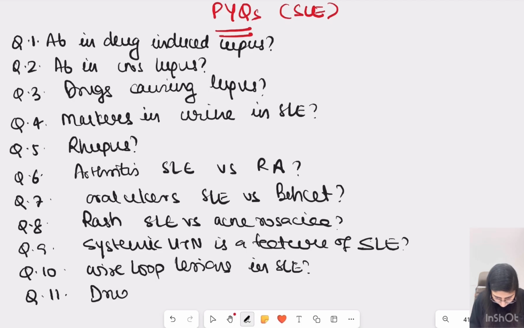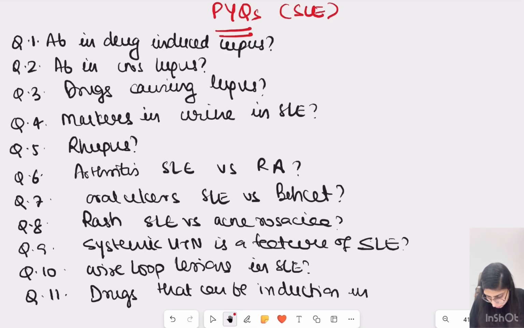Drugs that can be used for induction in a pregnant patient of SLE. And I'm not talking about induction of labor here, guys. I'm talking about induction in the sense to decrease the immunity, to decrease the autoantibodies in an SLE patient.